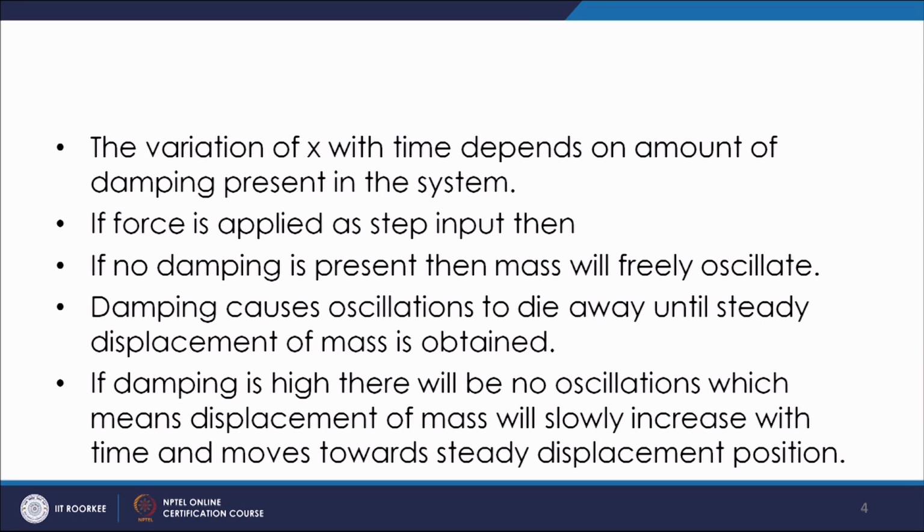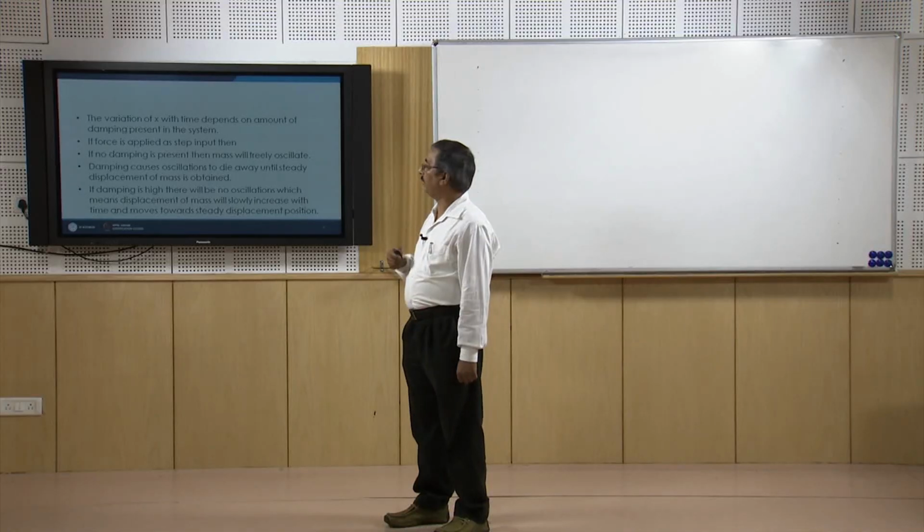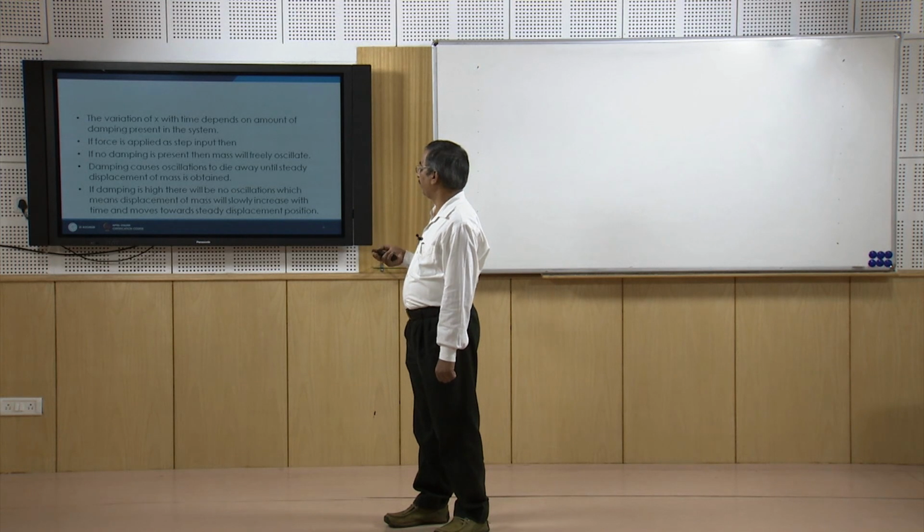If damping is high, there will be no oscillation, which means the displacement of the mass will slowly increase with time and move towards a steady displacement position. This type of behavior we have seen earlier.